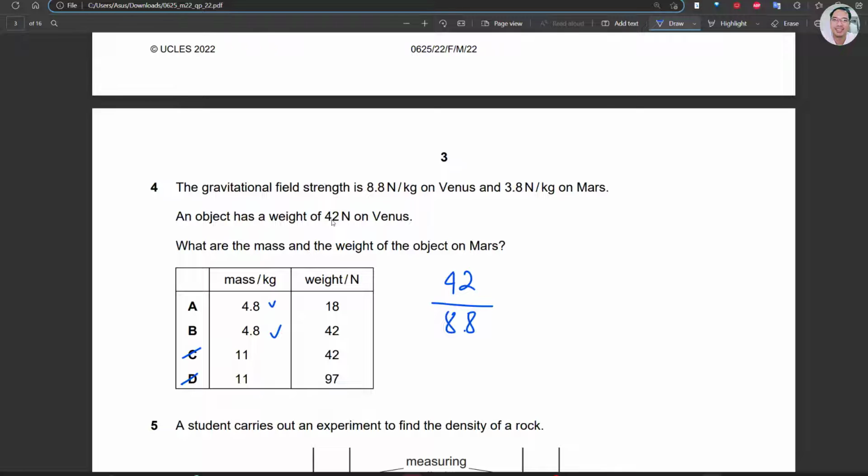On Mars it is 3.8 compared to 8.8, so it is less than a half, therefore the weight will be less than a half, which is 18. It cannot be 42, the same as Venus, so that is definitely A. We don't need to do the calculation, we just need to estimate.